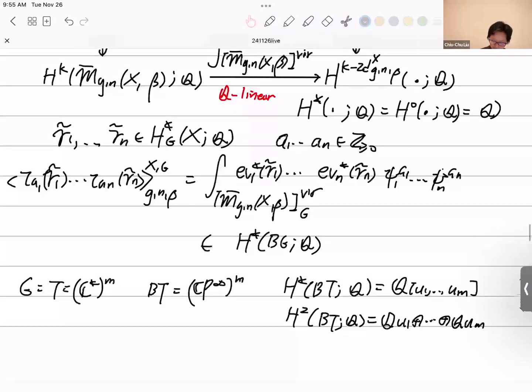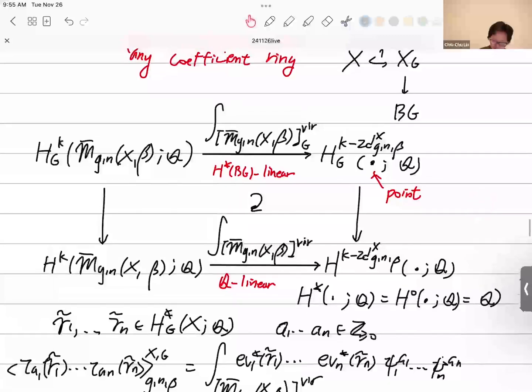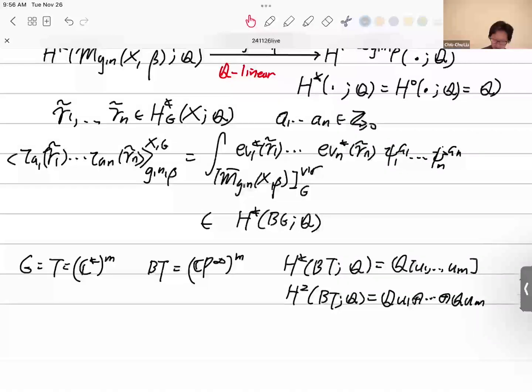So it's just a polynomial ring. When G is the torus, this can have any positive degree.